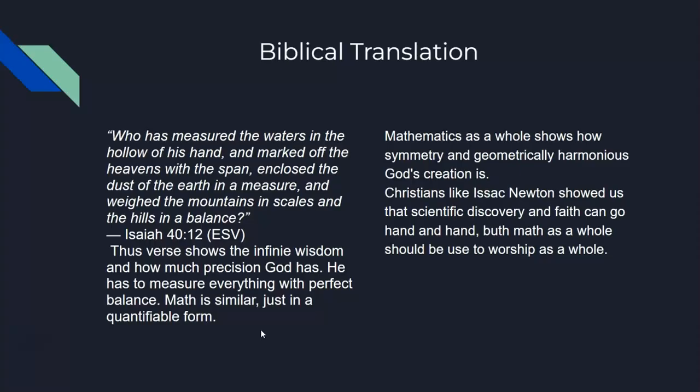Math is similar, just in a qualitative form. Mathematics as a whole shows how symmetrical and geometrically harmonious God's creation is. Christians like Isaac Newton showed us that scientific discovery and faith can go hand in hand, but math as a whole should be used to worship as a whole.